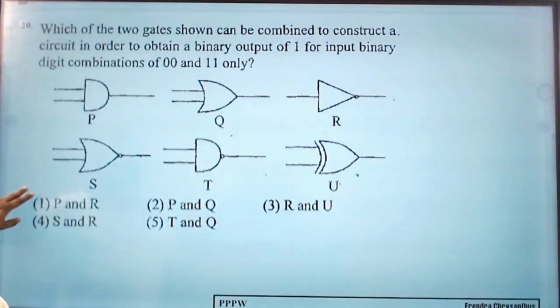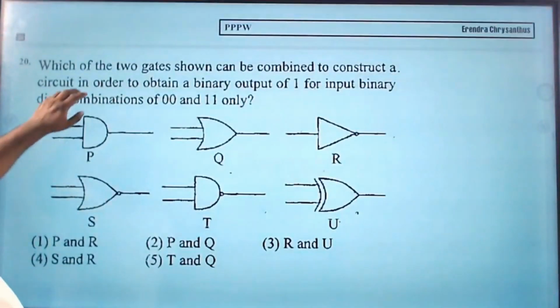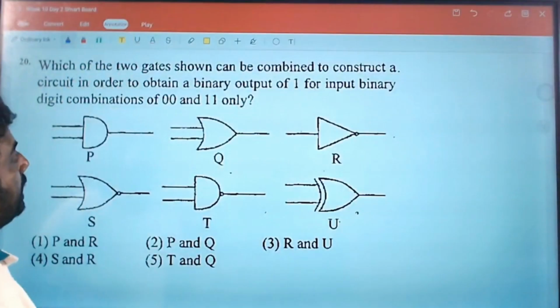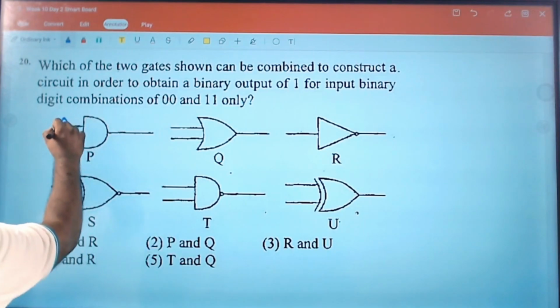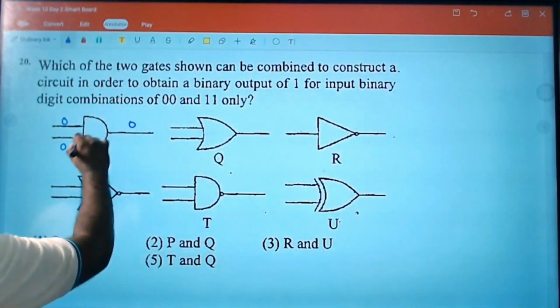Question number 20. Which of the following gates shown can be combined to construct a circuit in order to obtain binary output for input binary combination 0, 0, 1, 1 respectively? We are combining. 0, 0 is 0.